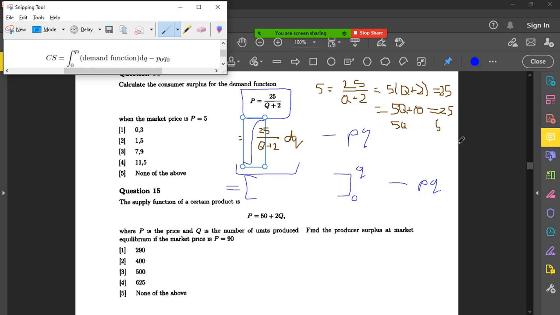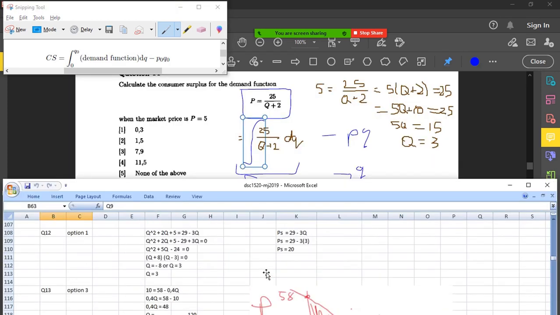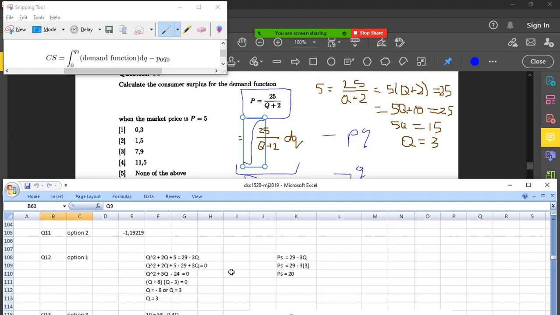Yeah, be careful. Remember, it's plus 10, so it'll be minus 10 on the other side. Yeah. So 5Q equals 15. Okay, and then Q is 3. Okay, so you've got Q as 3. Let's check if that was right. Was Q 3 here? Yes, Q was 3 there.